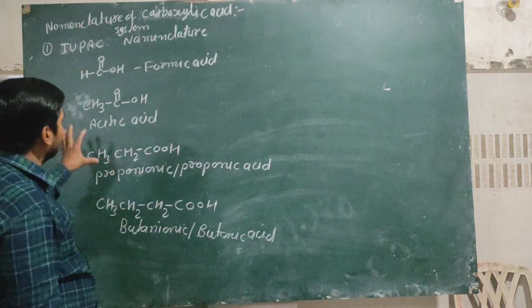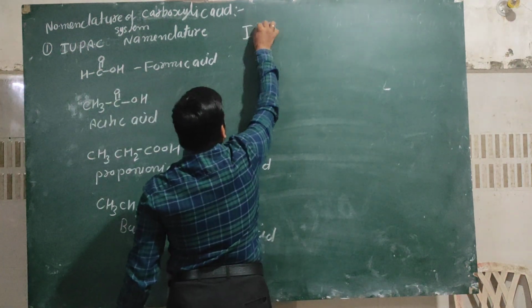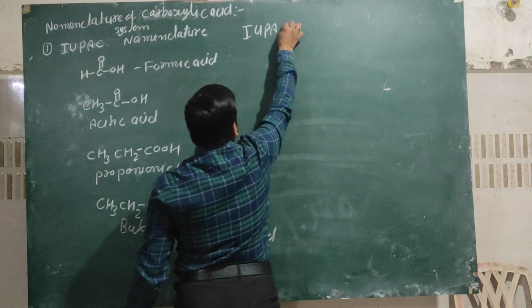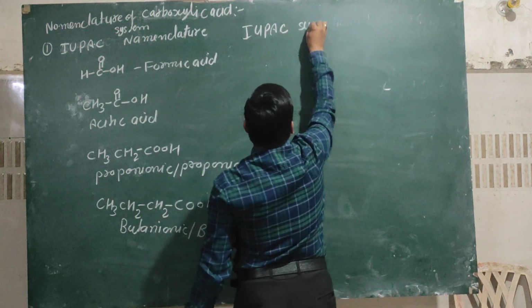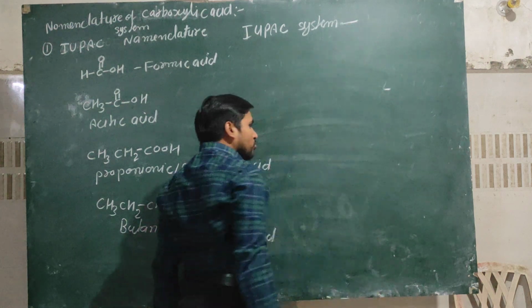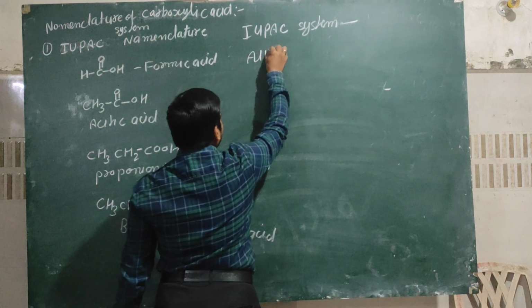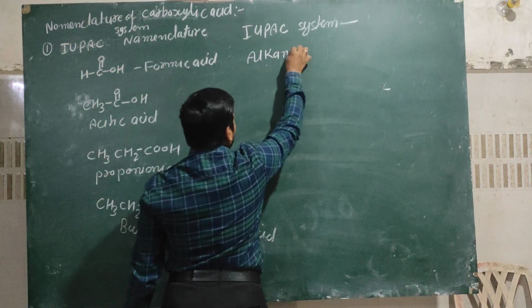But in case of the IUPAC system of nomenclature, firstly we consider all carbon atoms as alkane.